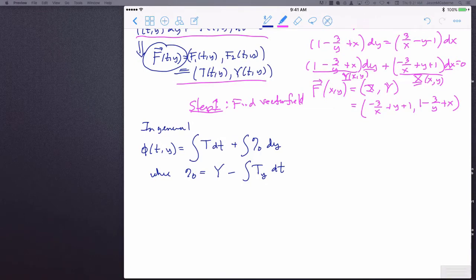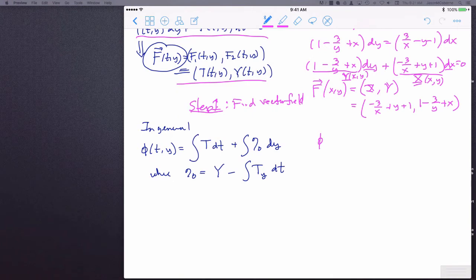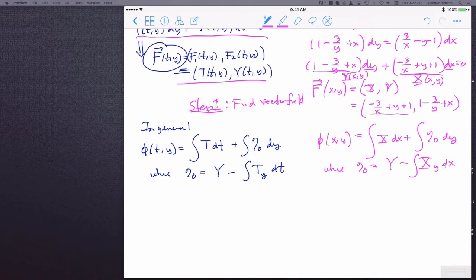We would need to find phi as a function of x and y, and instead we would need to integrate the X entry with respect to x plus the integral of psi with respect to y, where psi is equal to the function Y minus the integral of the capital X function with respect to y dx.